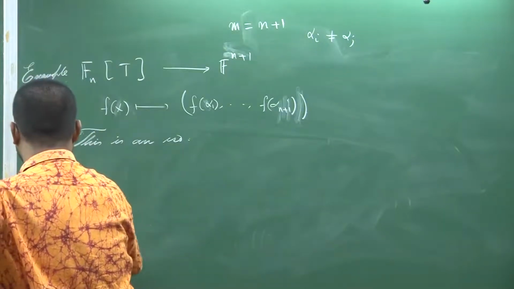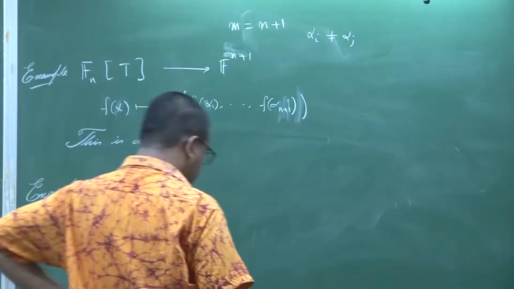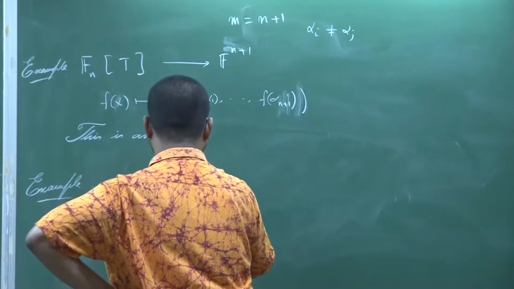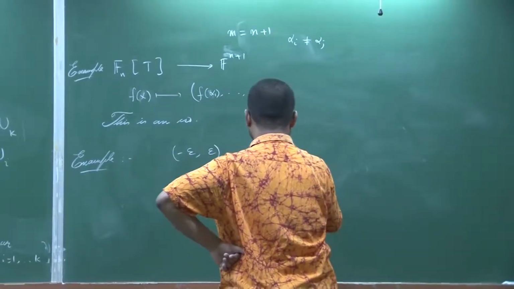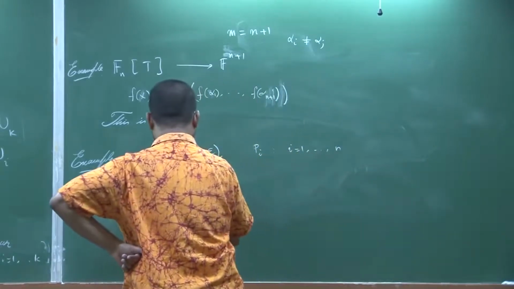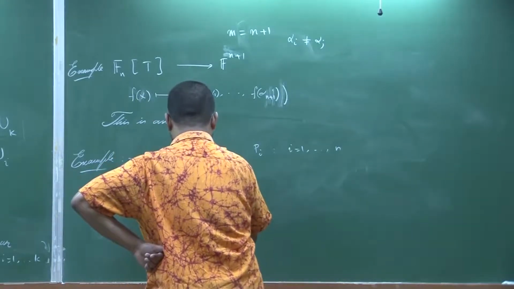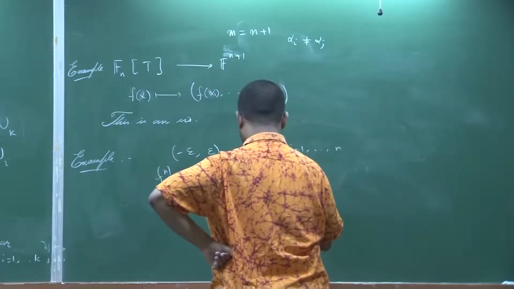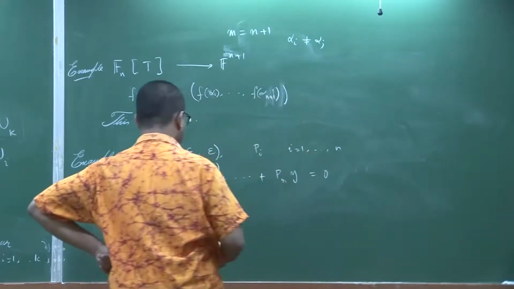Another example. Remember that we discussed this: first you fix an interval, and then consider continuous functions p_i for i up to n, and let us look at the differential equation y^(n) plus p_1 y^(n-1) plus and so on up to p_n y equal to 0.